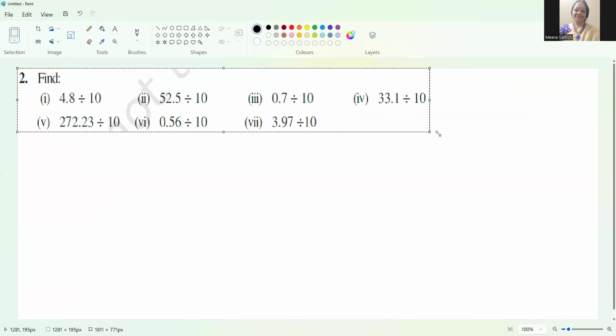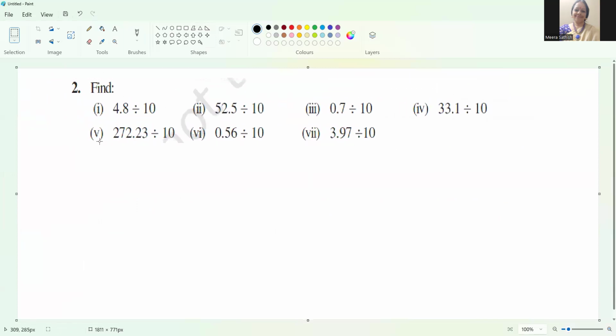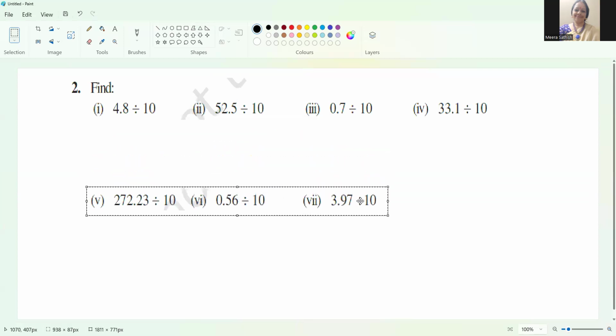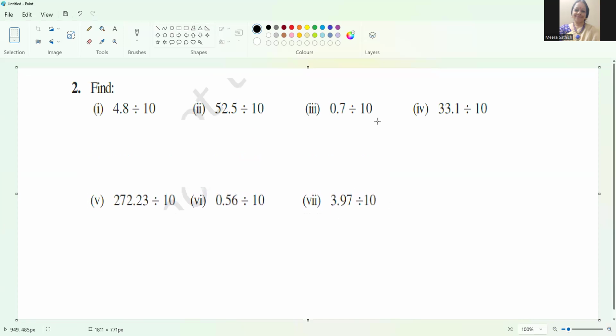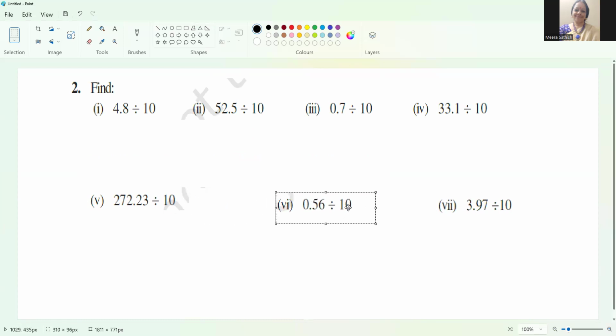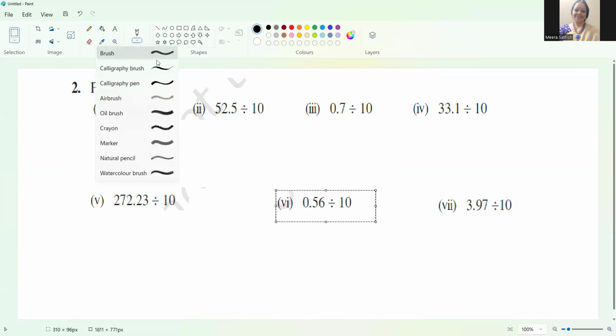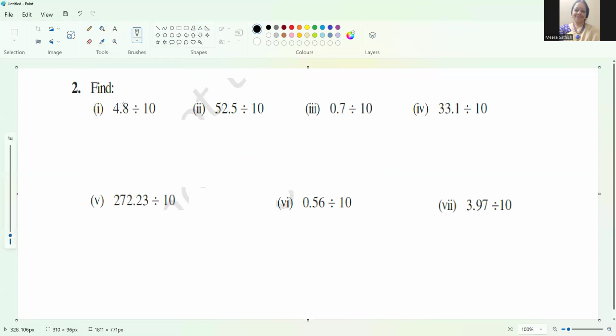So in multiplication, what I told you, one zero will cancel one decimal. Here, it's just the opposite. So here, we are dividing.